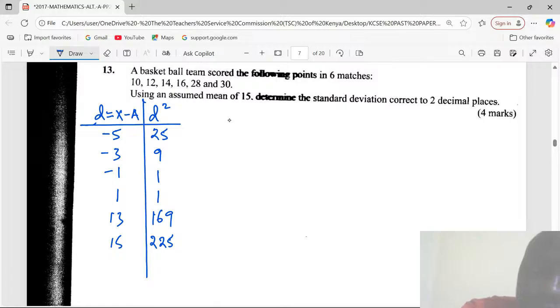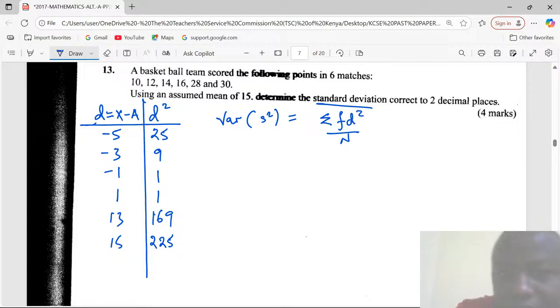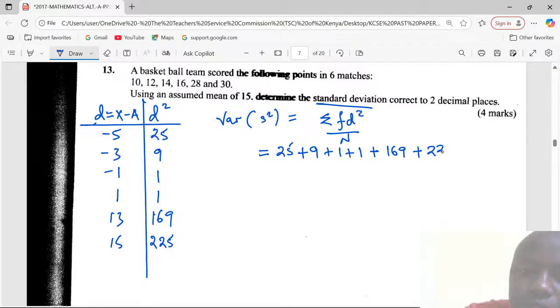We are supposed to know that we can get variance first. Variance, which is given as s squared, is the summation of all deviations squared out of the number of items. So we need to take 25 plus 9 plus 1 plus 1 again plus 169 plus 225.